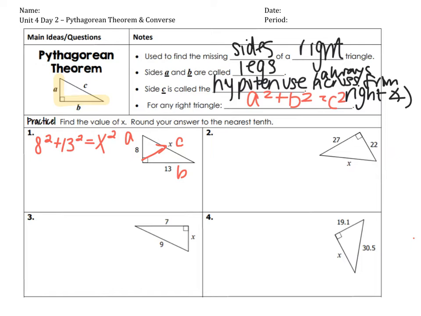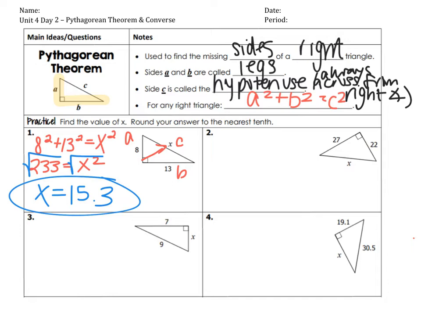So 8 squared plus 13 squared gives me 233. Now to undo an x squared, you take the square root of both sides. And I get x is about 15.3. Okay, and if you have to round to the nearest tenth, that's fine.